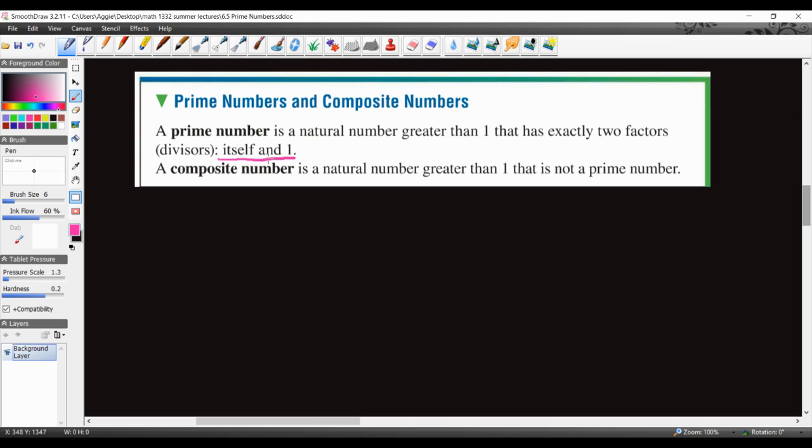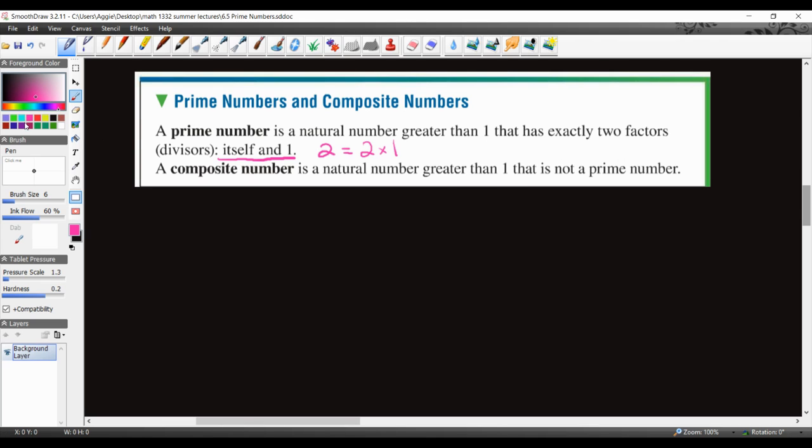There's always a little bit of confusion on this because 2 is actually a prime number even though it's an even number, because most people associate even numbers with having other divisors. 2 is only equal to 2 times 1, so 2 is also a prime number. A composite number is the opposite. If it has divisors in addition to 1 and itself, then it's composite.